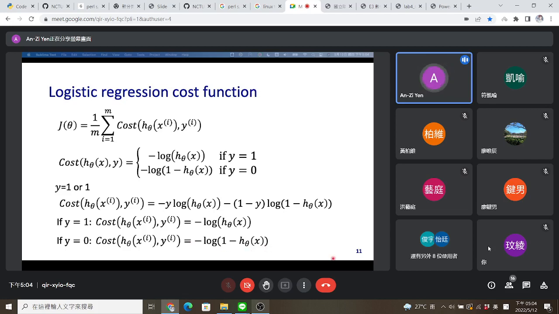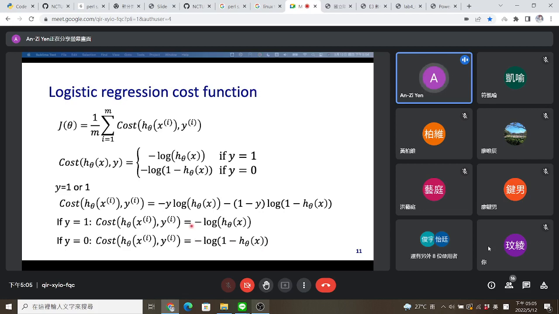So we can see that this definition for the cost is just a more compact way of writing both of these cases, y equals 1 and y equals 0, in one convenient line.